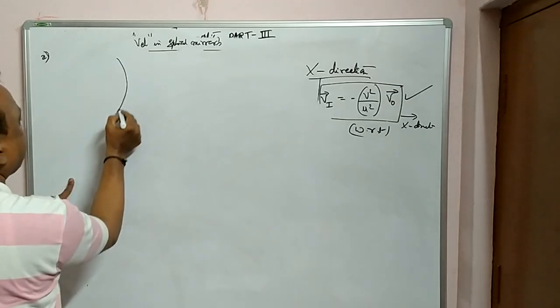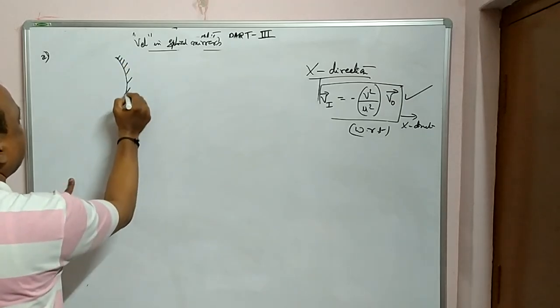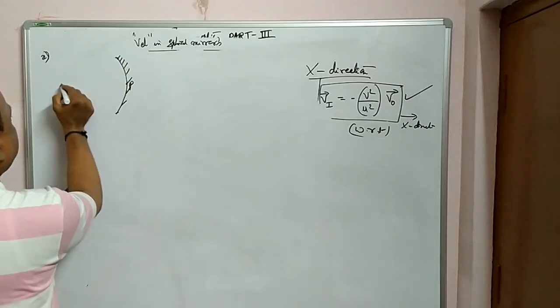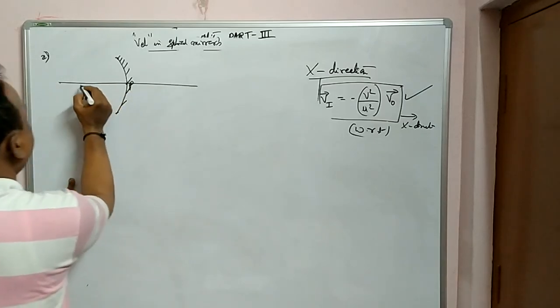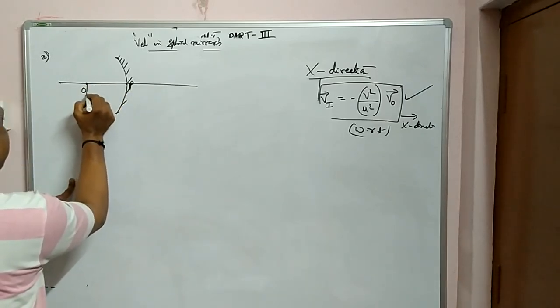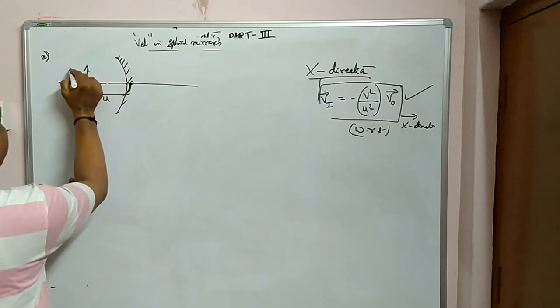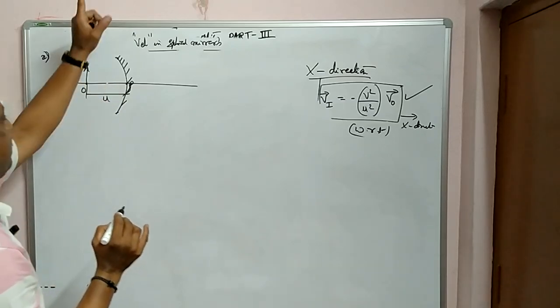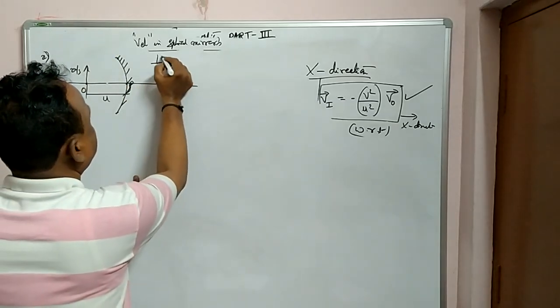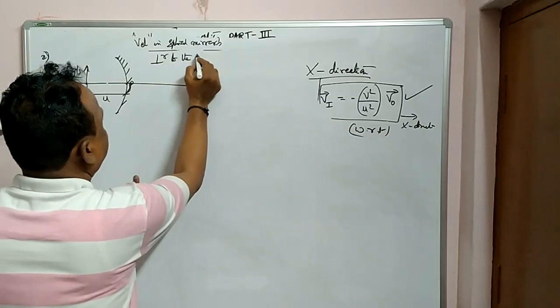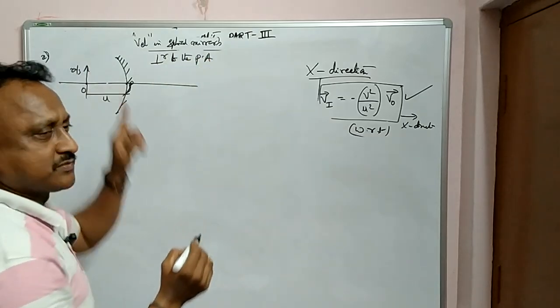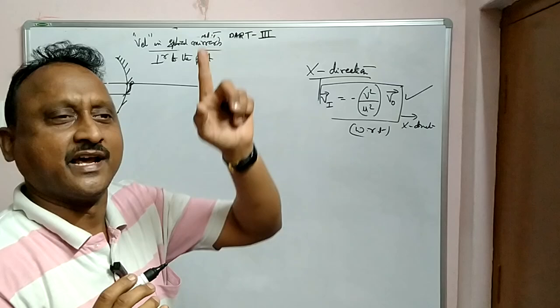Case 2 లో concave mirror ఉంది. Pole is there. But here what happens? Object is there. Object distance ఉంది. It is moving like this, in this fashion. Perpendicular. Second case ఏంటి? Perpendicular to the principal axis. ఆబ్జెక్ట్ ఈజ్ మూవింగ్, పైకి వెళ్తుంది ఇలా గ్రాడ్యువల్గా.